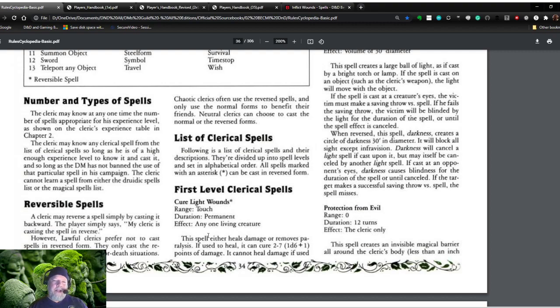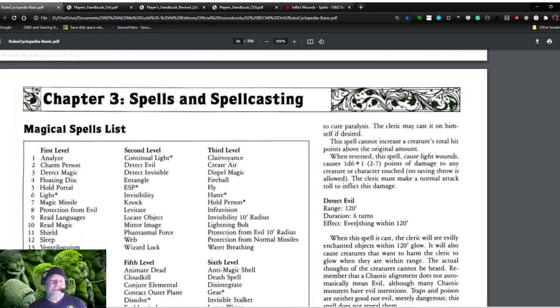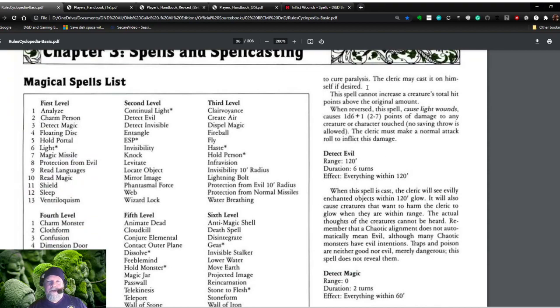So the spell either heals damage or removes paralysis. Used to heal, it cures 1d6 plus 1 points of damage. And it cannot be used to heal damage if it's used to cure paralysis. It can only have one effect or the other.